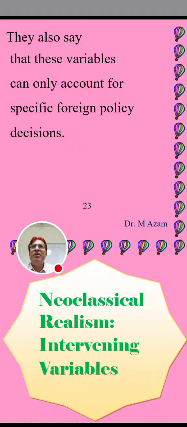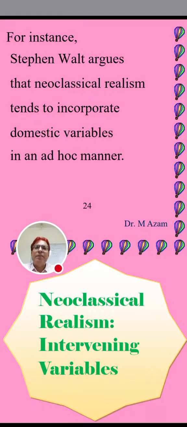For instance, Stephen Walt argues that neoclassical realism tends to incorporate domestic variables in an ad hoc manner. The intervening variables selected by neoclassical realists are not selected according to any formula. They have been selected on an ad hoc basis, randomly. The critics say it is one of the weak points of neoclassical realism.